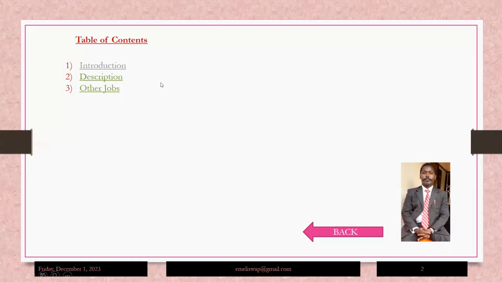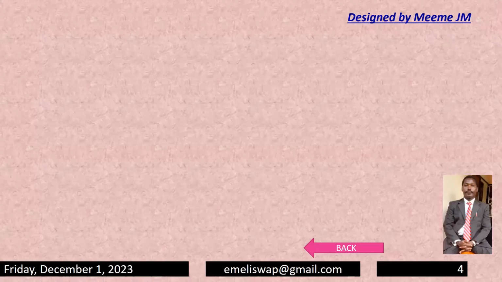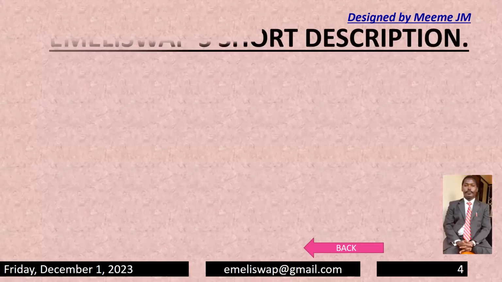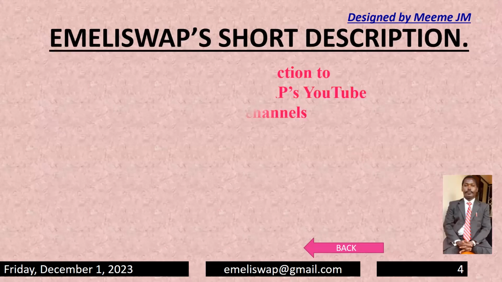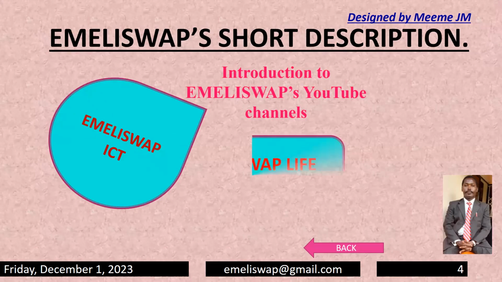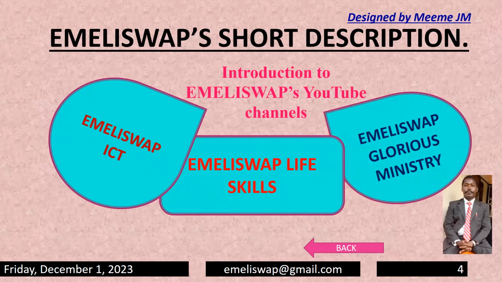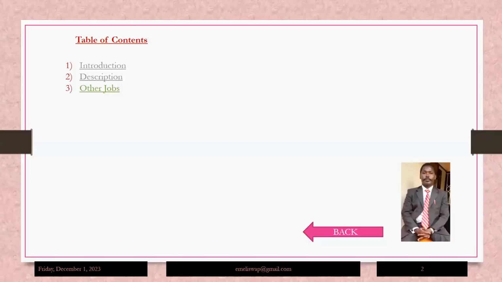If I have some other audience who I want to see the description, I'll click on description and that custom show will be played. Once the custom show is done, we are taken back. Let me click on the third one.